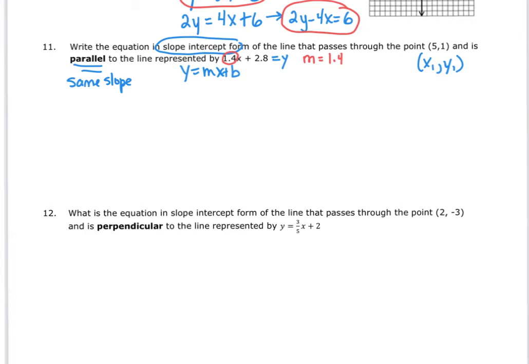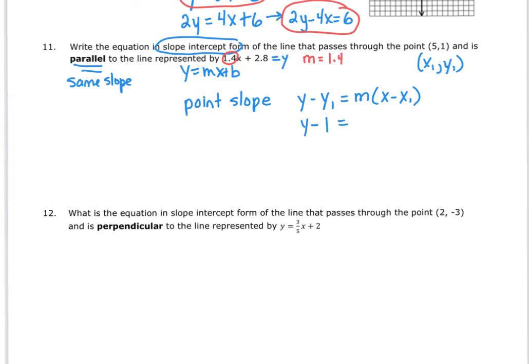So the easiest thing to do here is to set up our point-slope form, which is y minus y1 equals m times x minus x1. You're given this equation for your test. So y minus our y1, which is 1, from our point.